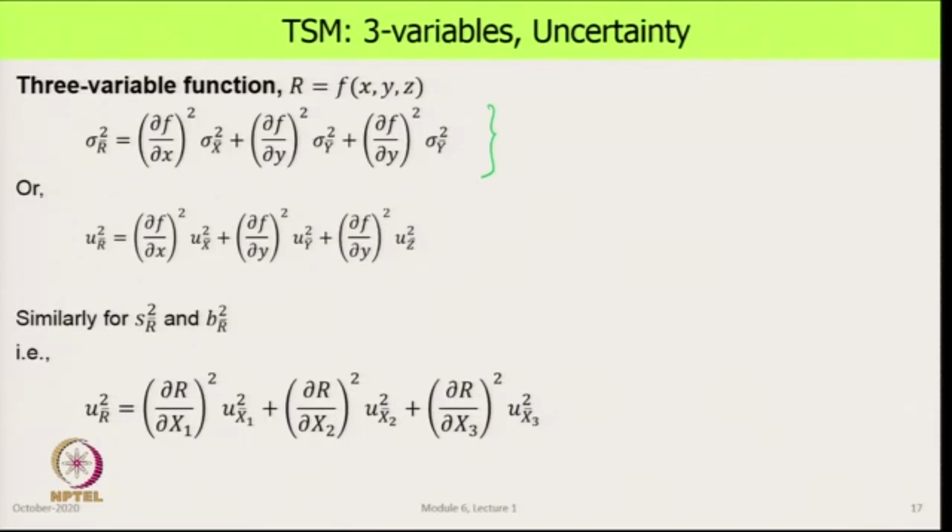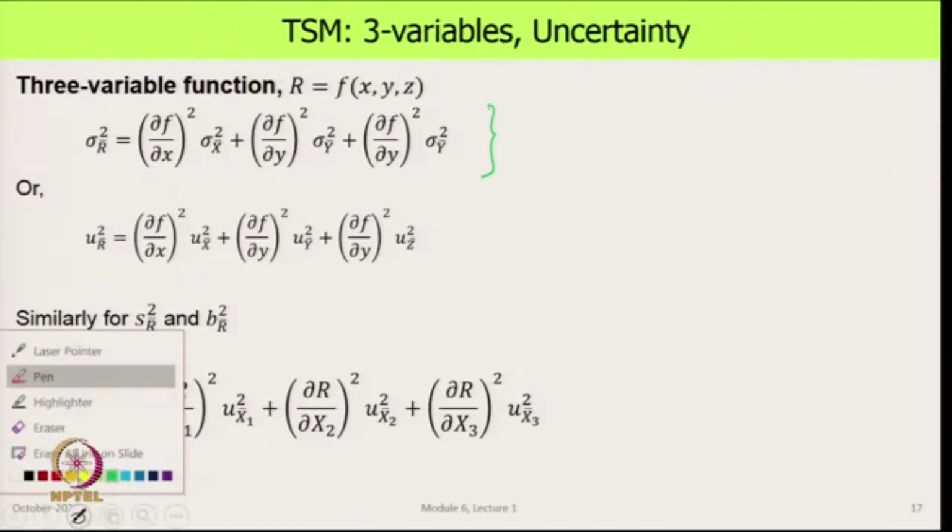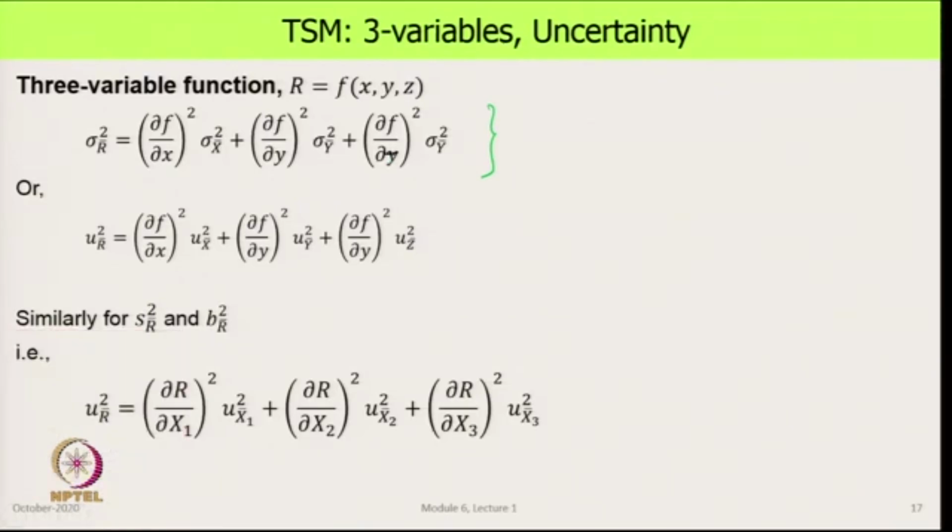Sigma r bar square is df by dx square sigma x bar square plus df by dy square sigma y bar square, df by dz square sigma z bar square.